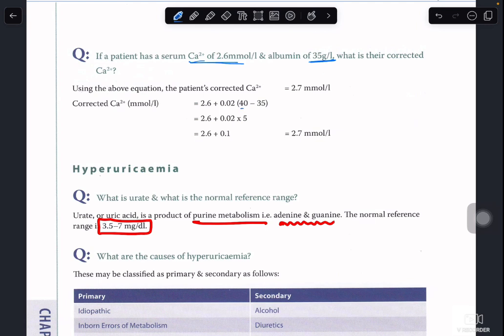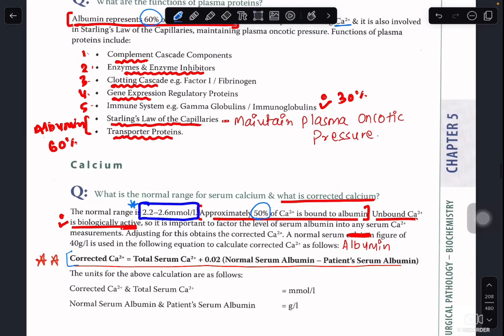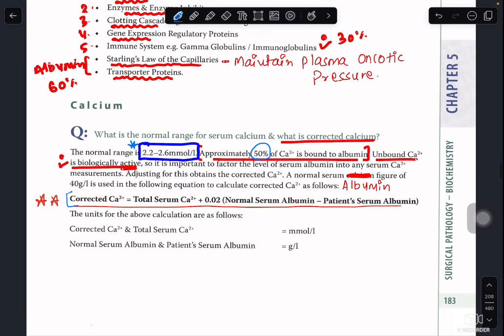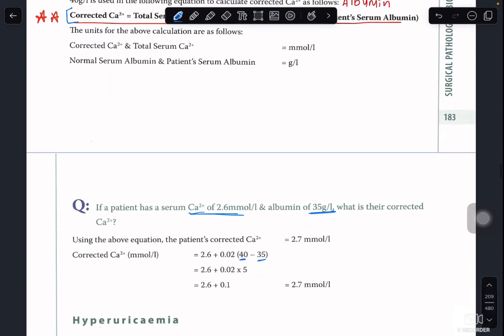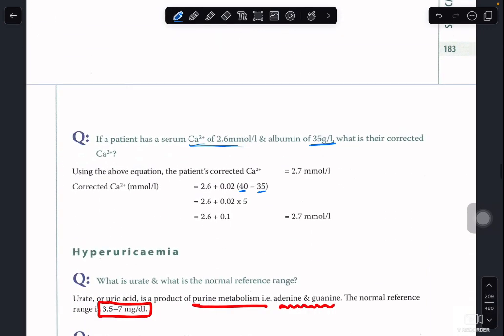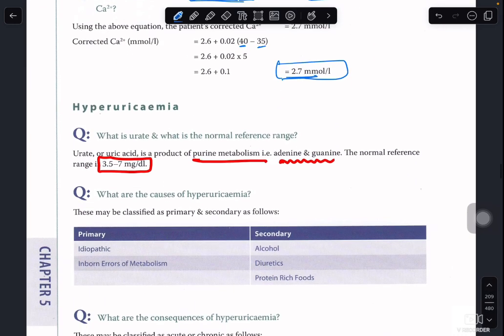Normally it is 40, minus the patient's given value of 35, which is 5. So the corrected calcium would be 2.7 millimole per liter.